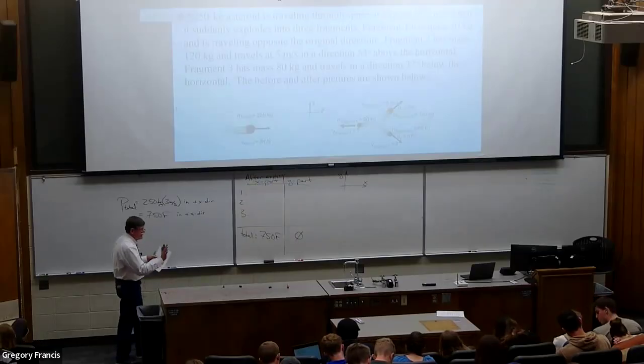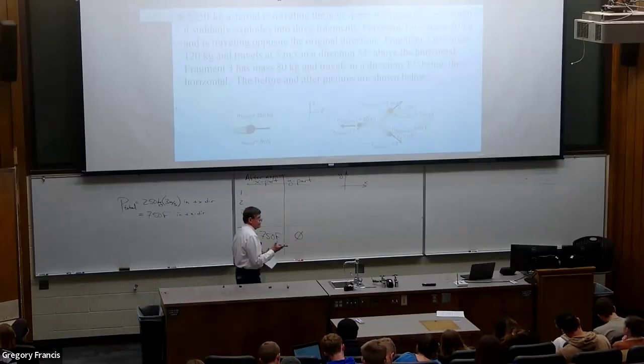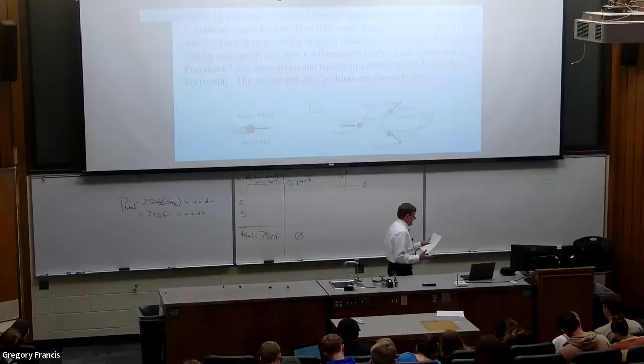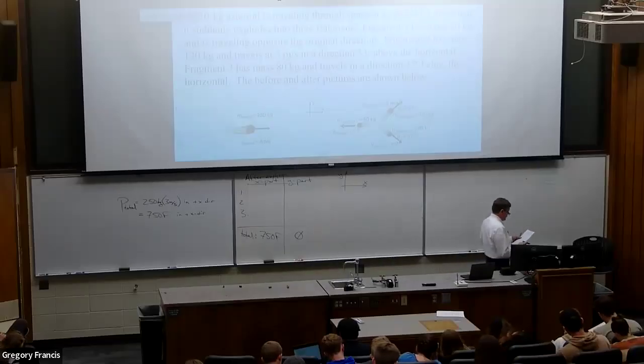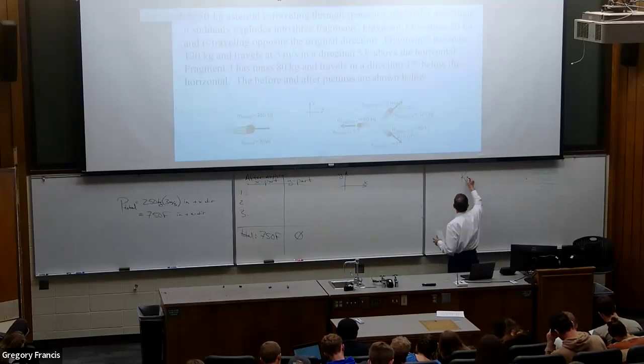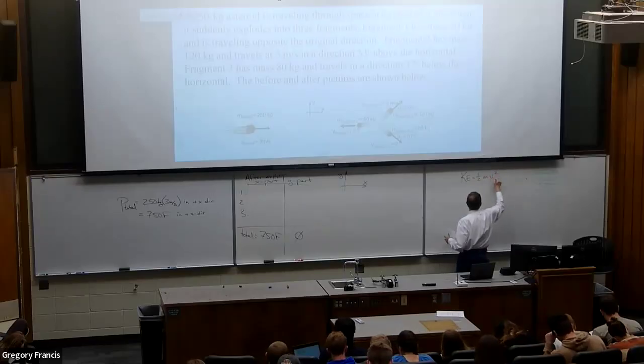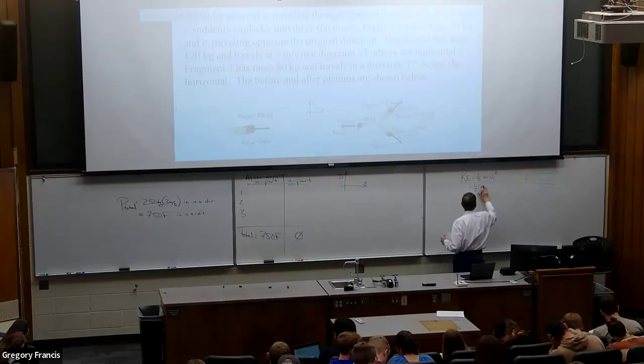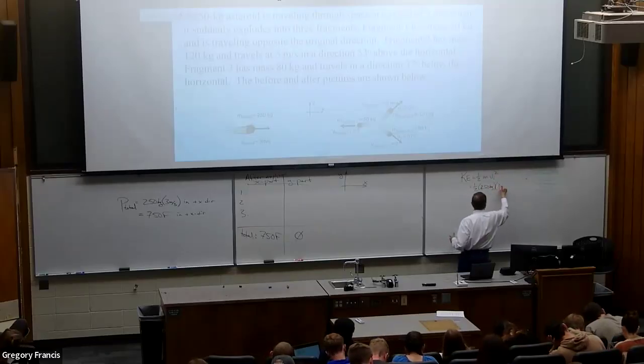Now, part B is completely out there. It's just what's the kinetic energy of the asteroid before the collision? Do you remember the formula? That's going to be 1/2 times 250 kilograms times 3 meters per second squared.